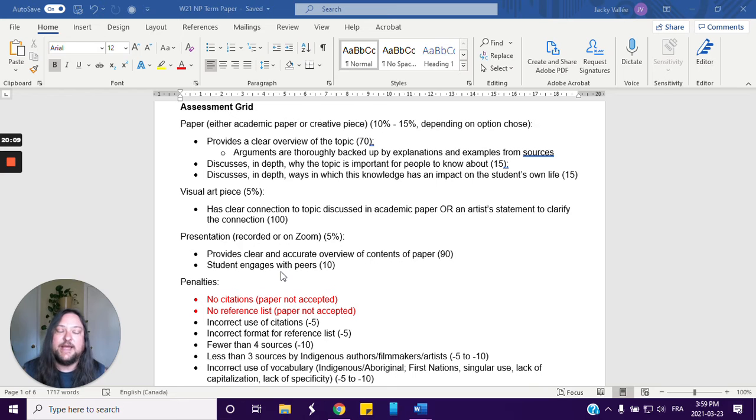So that means that you need to be there the whole time and respond to other people's presentations and answer questions or comments that they might have about your presentation. We're going to go for a chill vibe here where none of us are judging each other. We're just like, oh yeah, that was great, and I'd like to know more about that. It's not a judgment thing, it's just engagement, again, as we've been doing in the Zoom discussions.